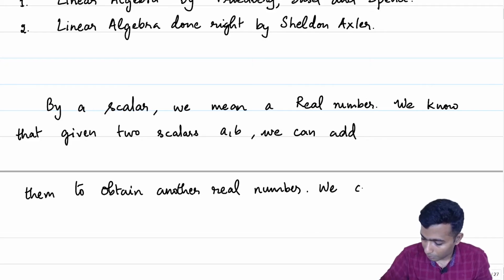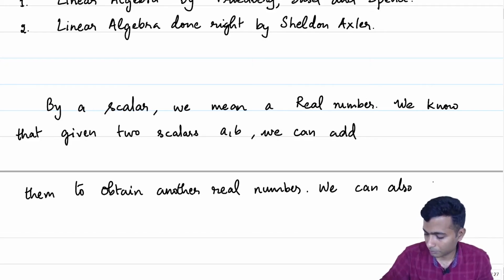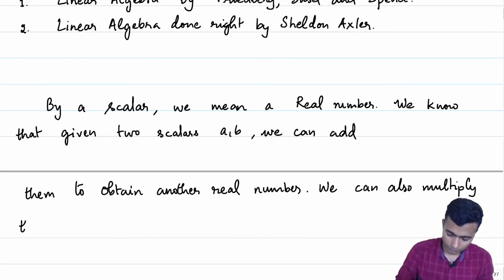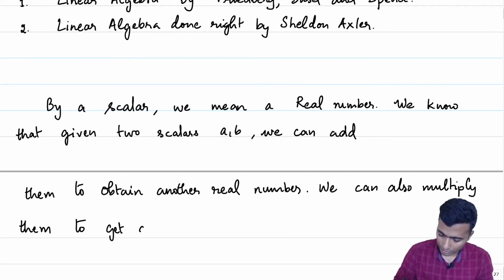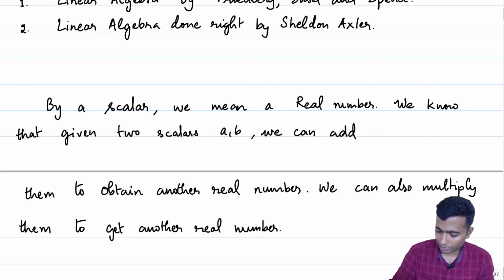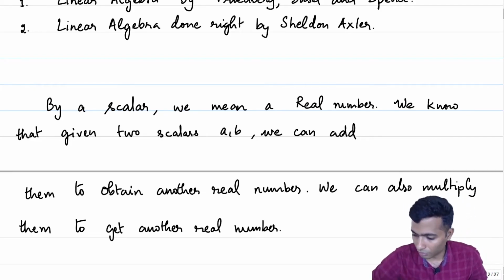We can also multiply them to get another real number. So these are operations which we are very familiar with. We have been using these operations for a long time now.